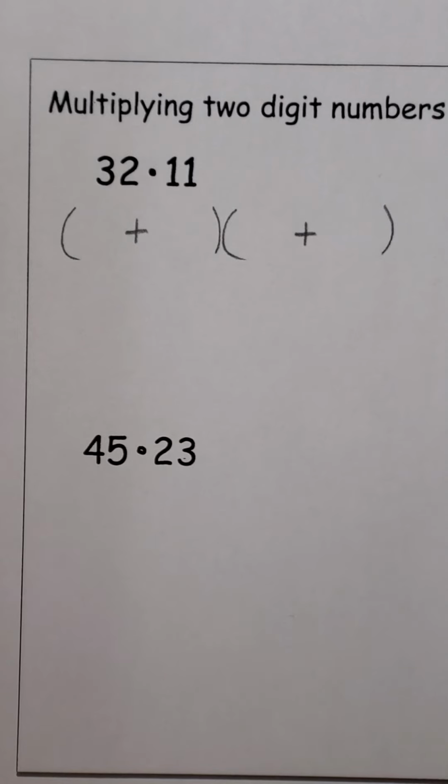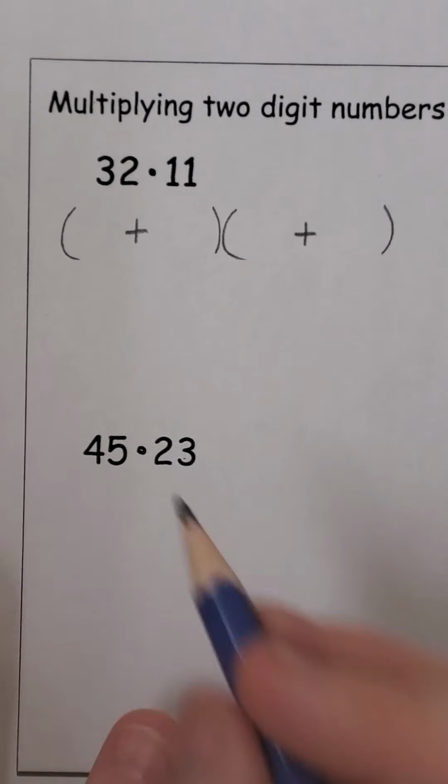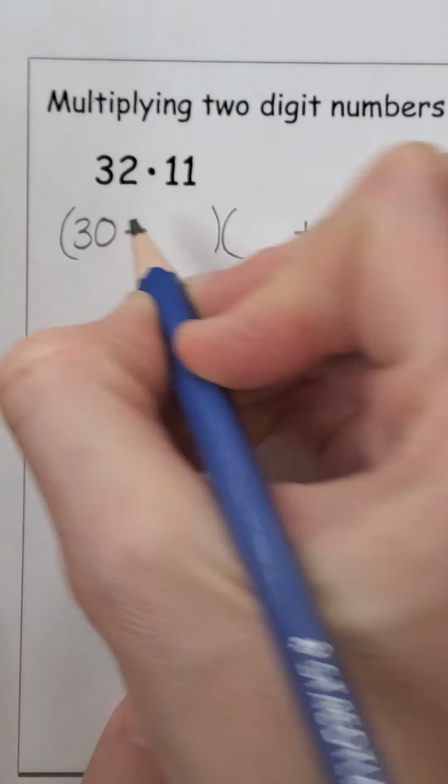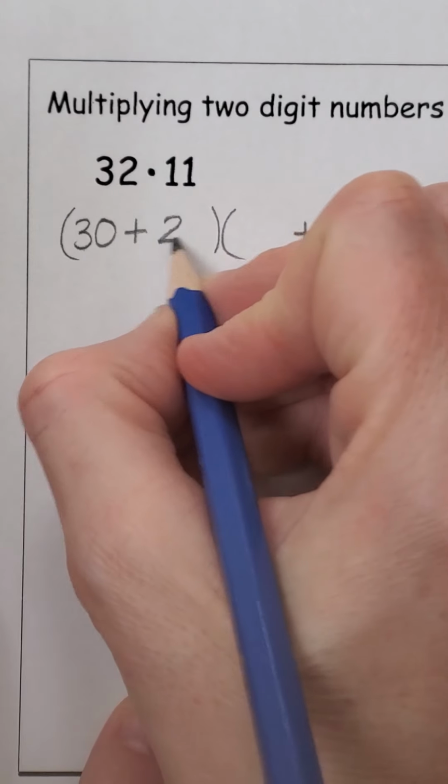Now there's quite a few different combinations we can do, right? There's 16 plus 16. There's 2 and 30. There's 11 and 21. But it's probably easiest for us if we break it down into the tens. So that's 30, right? 3 tens plus 2.